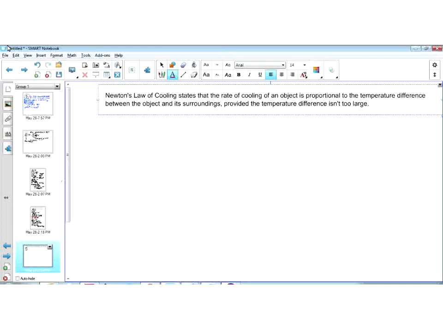In Newton's law of cooling, the equations are stood up like this. We have uppercase T of t, the temperature of an object at time t, and then T subscript S, that's the temperature of the surroundings.